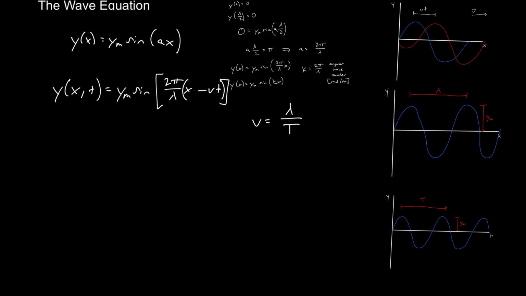Okay, so let's put that v equals lambda over T. Okay, so we have that equation now, and so now let's cancel some terms out and simplify this expression.